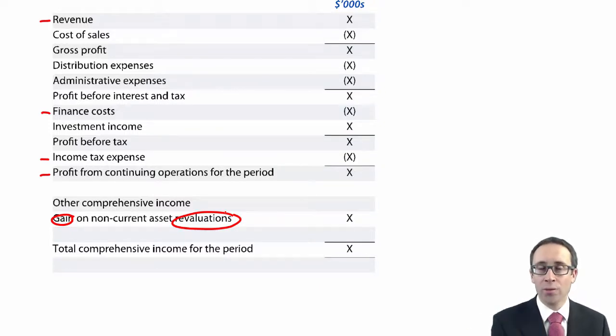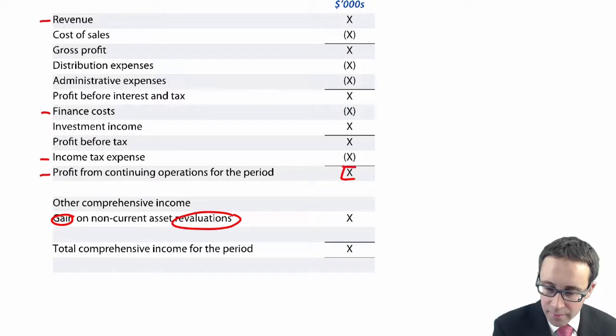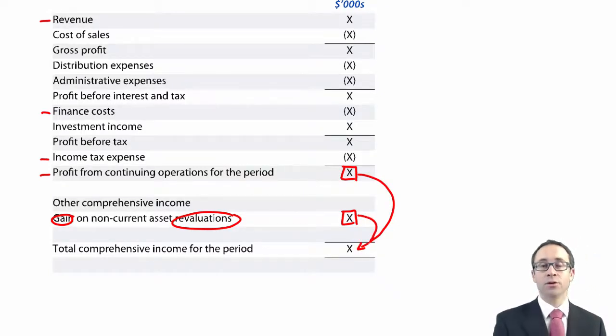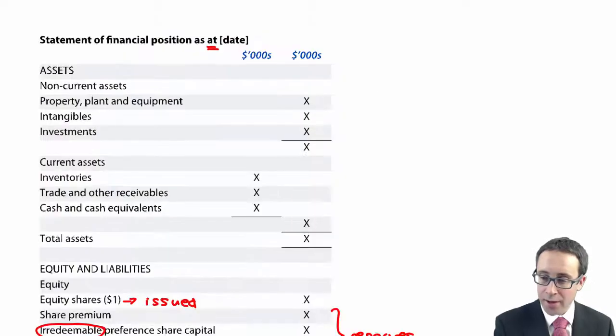Therefore it's stored up there within your other comprehensive income. What you then do is take your profit for the year and add that to your other comprehensive income in total, and those two figures combine to give you your total comprehensive income.